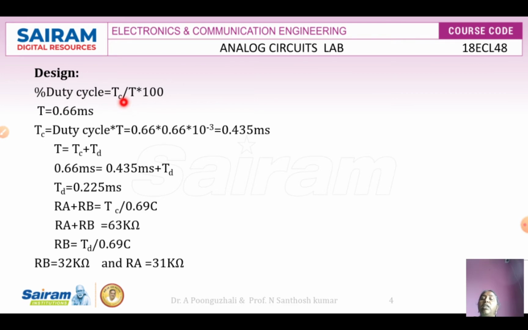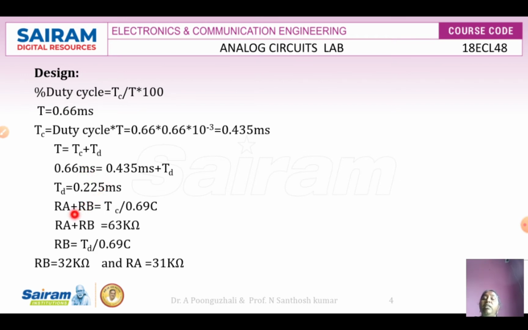Here the duty cycle is 66% and the total time is 0.66 milliseconds. So TC is the duty cycle into the total time T. If I substitute here, your charging time is going to be 0.435 milliseconds. Total time is 0.66 milliseconds, charging time is 0.435 milliseconds, so if I subtract, discharging time is 0.225 milliseconds.